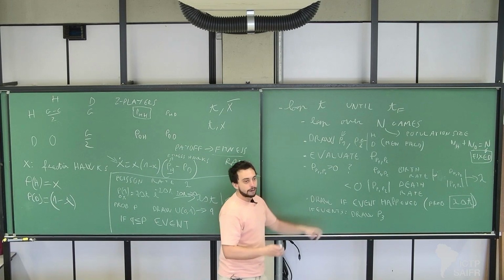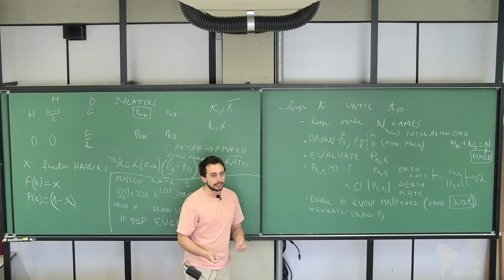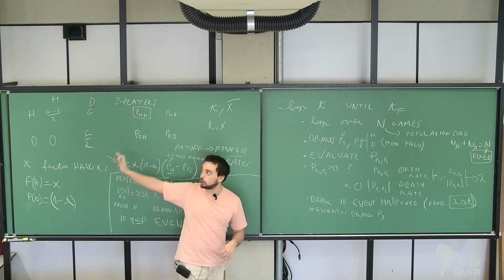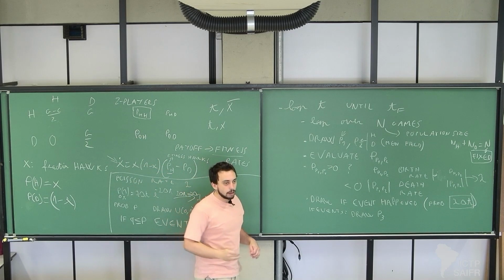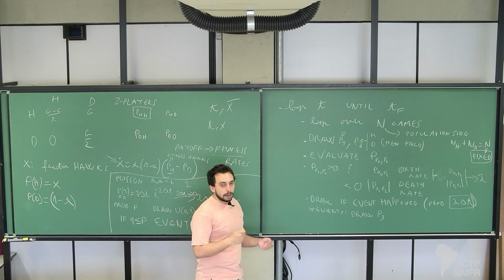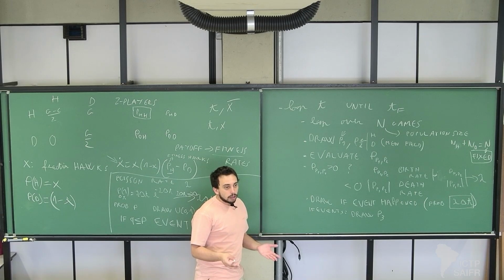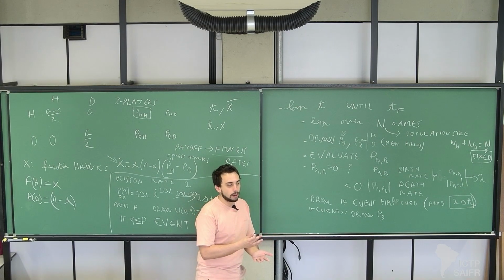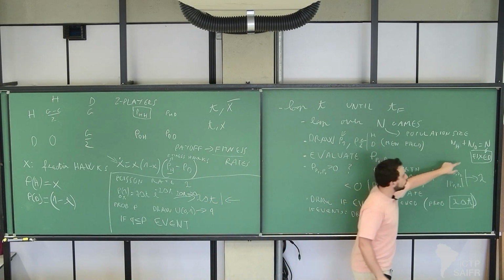So if a hawk plays against a dove and dies, well, this never happens, but imagine a situation where it did happen in our model. If player 1 plays player 2 and dies, then player 1 becomes player 2. This is another option. Or you could do something different, which is that if player 1 dies, you remove player 1 from the population, in which case n is not fixed anymore.